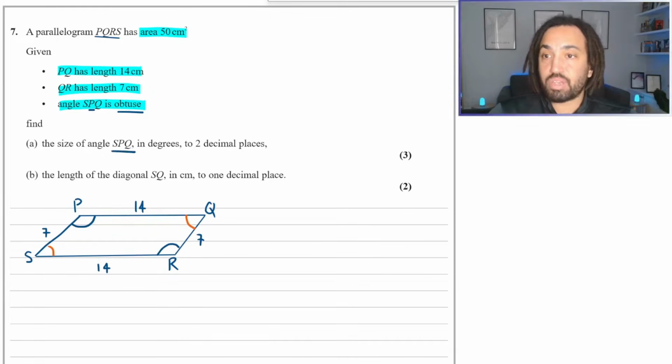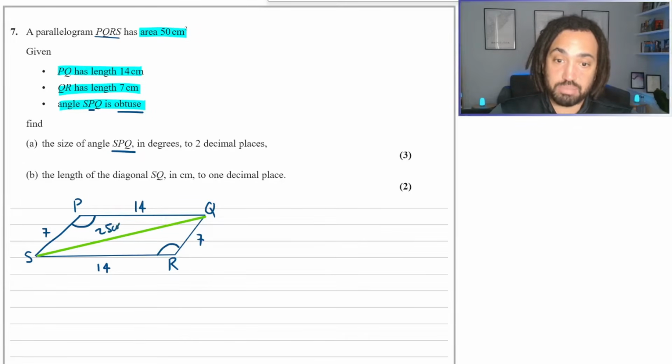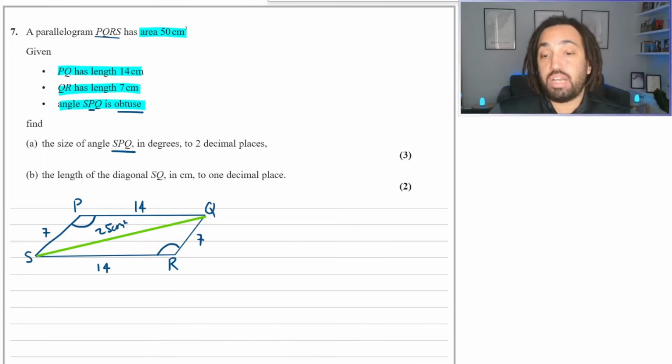SPQ. So what I'm going to do, I think I've got it, I know what I'm doing. I'm going to be chopping this in half because I can use my area of a triangle formula. So chop it in half like that, and let's just look at this area, which is going to be 25 centimeters squared for obvious reasons.